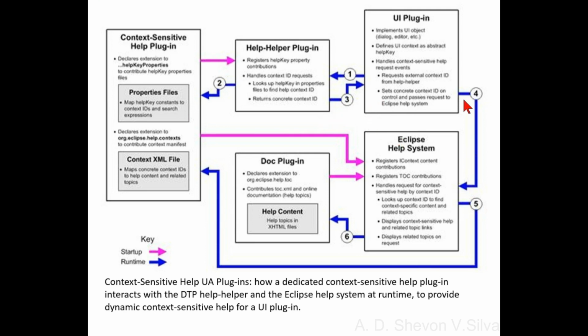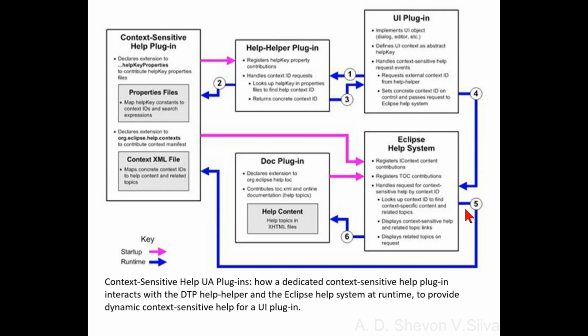Step 4, the UI plugin sets the concrete help context ID on its associated workbench part or UI control, then passes that help context ID to the Eclipse help system to request the display of context-sensitive help.